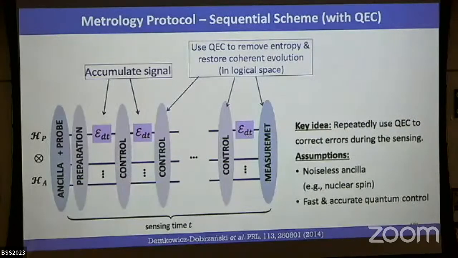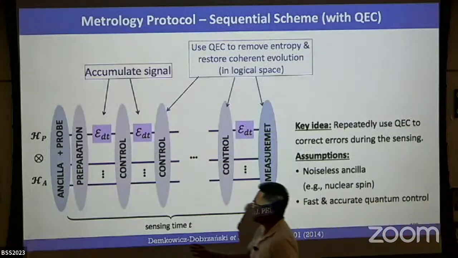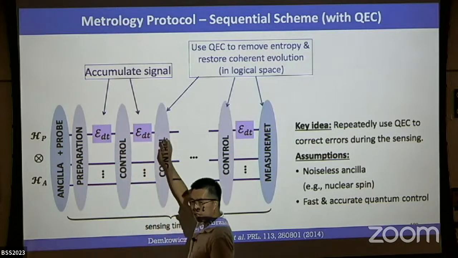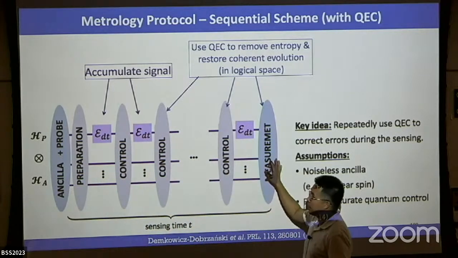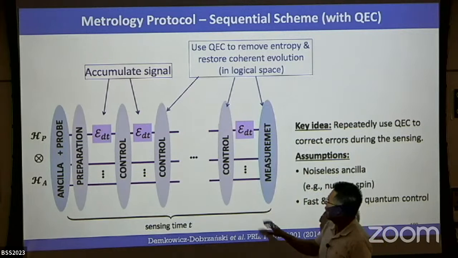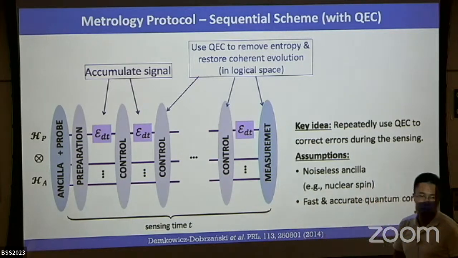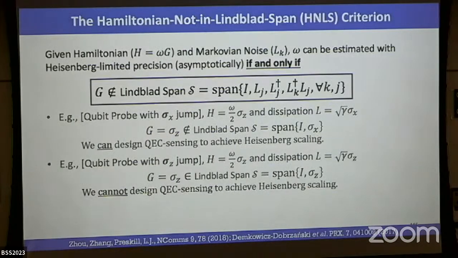Hopefully we can do encoding and alternate the procedure: interrogation, error correction, interrogation, error correction. Finally, we do the measurement, and hopefully the error correction will suppress the error to high order while we still maintain the sensitivity to the signal, so that we can get favorable sensing.